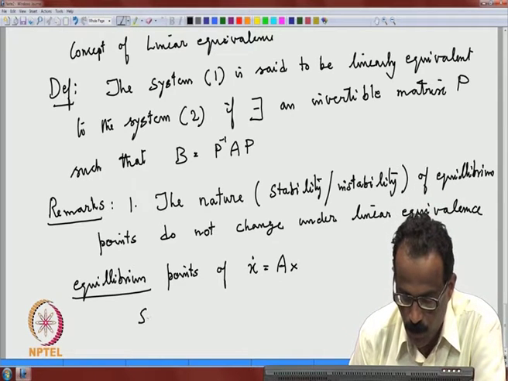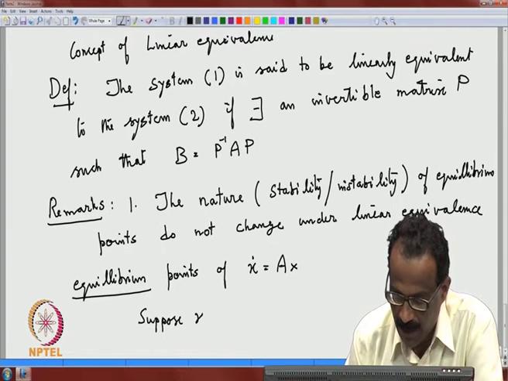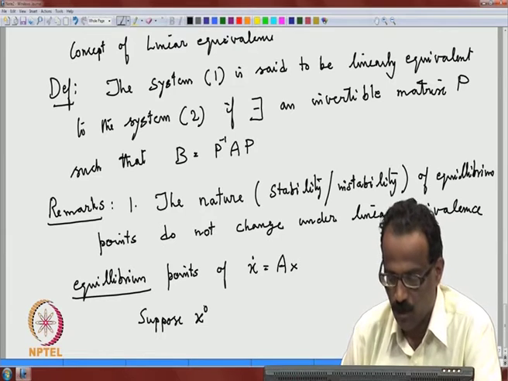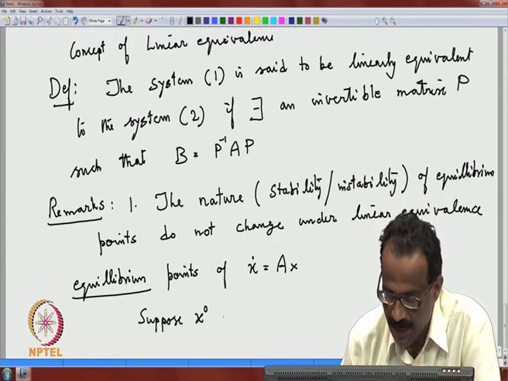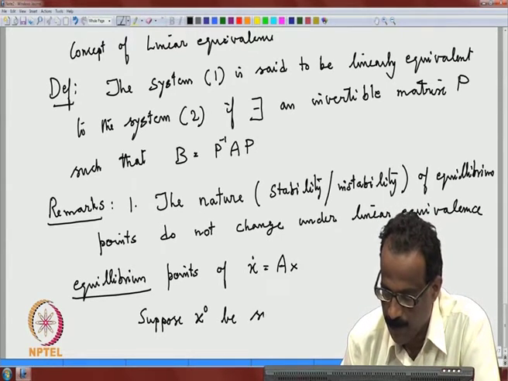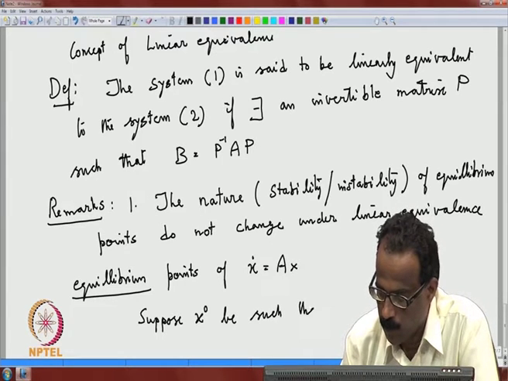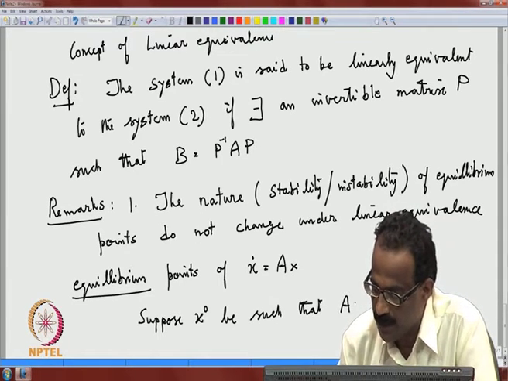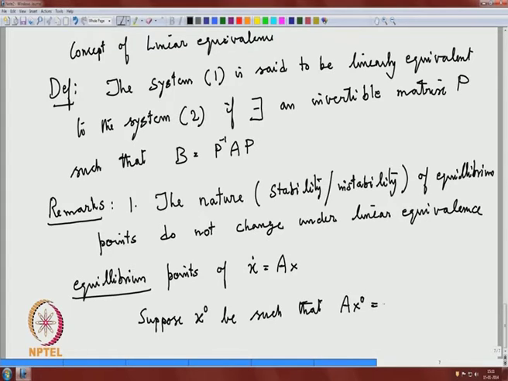Suppose x naught, so as not to confuse with the initial values, is such that Ax naught is equal to 0. That means the right hand side vanishes at that point.